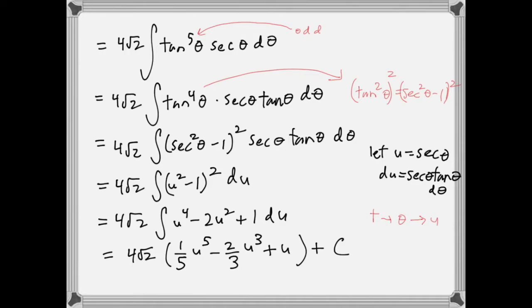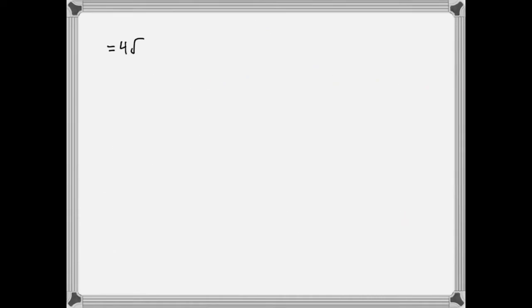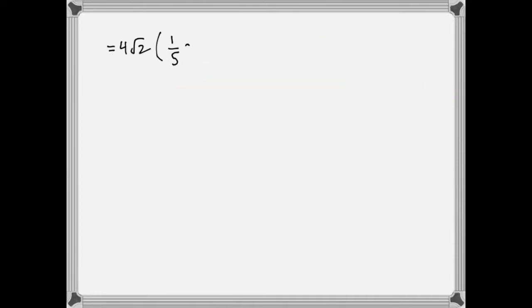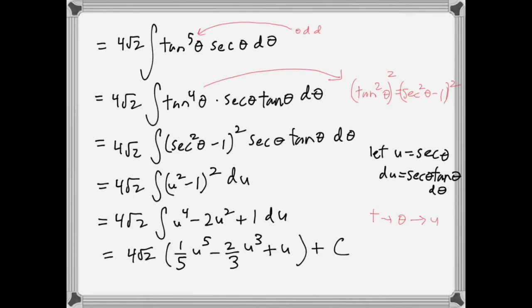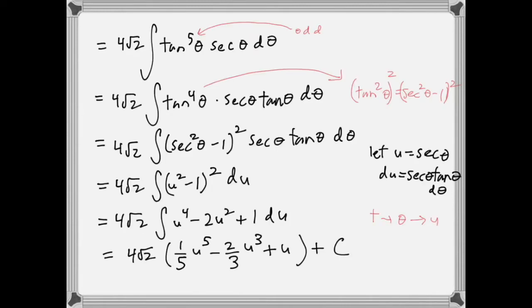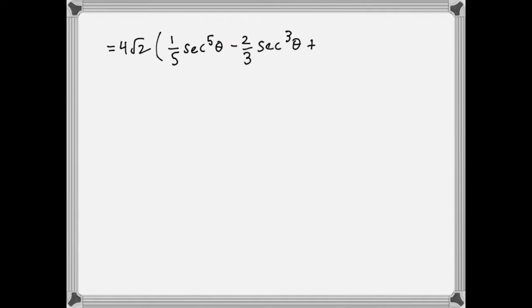So that means we have 4 root 2 times 1/5 secant to the 5th theta, and then minus 2/3 secant cubed theta, and then plus secant theta, and then plus c.